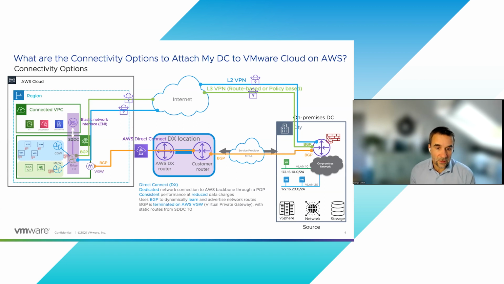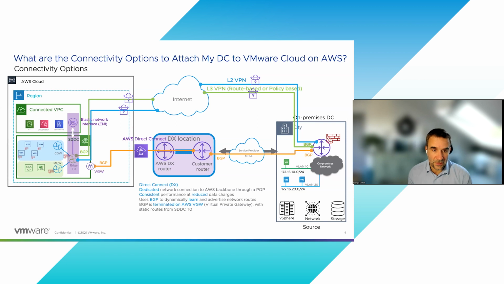The third one is AWS Direct Connect. This is the AWS construct. It gives a direct connectivity option to the AWS backbone through a Direct Connect location. It gives the customer the ability to get consistent performance, something which is dedicated, so quite secure.